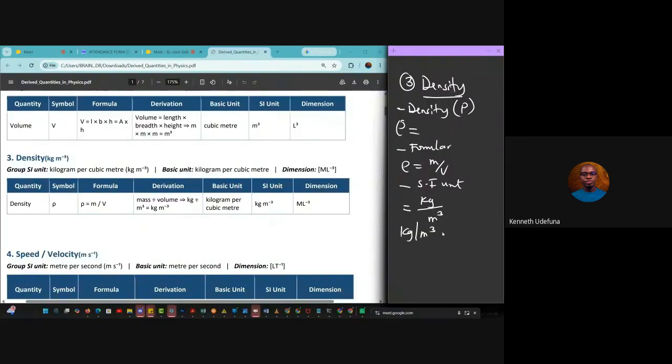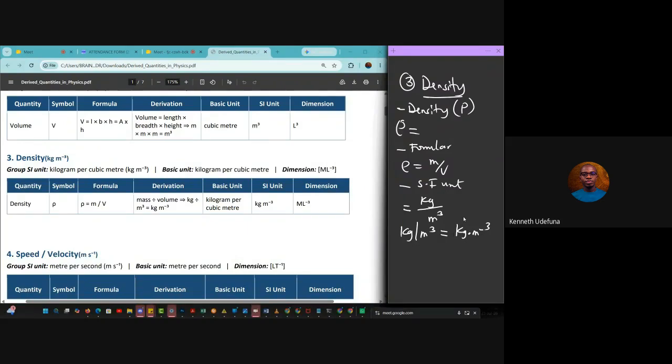So how do you write this in a proper way? Aside from this method, how can we write it? You can write it as kilogram dot m minus, this dot is not compulsory. Yes, correct. Aniche got it right. So another way to write it is kilogram m minus 3.